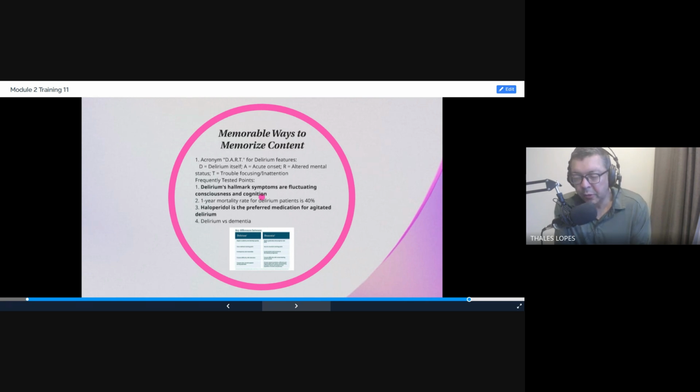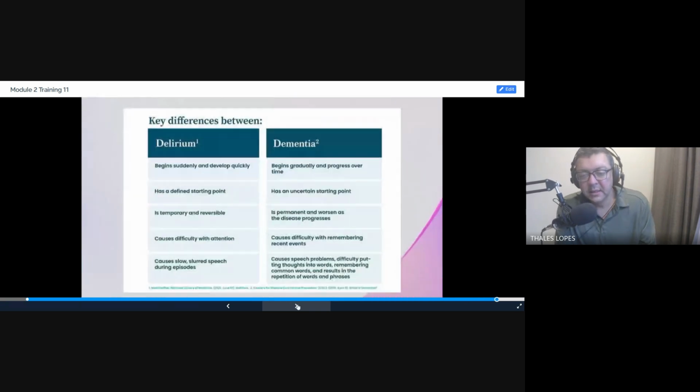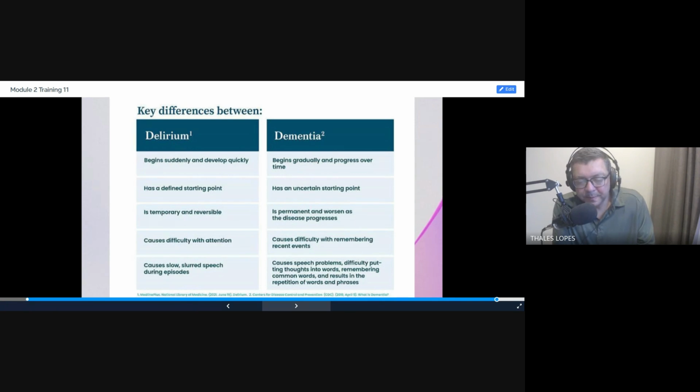Now delirium versus dementia. Now we get into the point where you will get lots of questions from here. When you look at delirium, it's fast. It's quick, I mean hours after arriving to the hospital. The patient comes in: my name is John, everything is okay, I'm 75 years old, here for surgery. Then 2-3 days later, usually after a procedure, the patient gets agitated and you get called in.